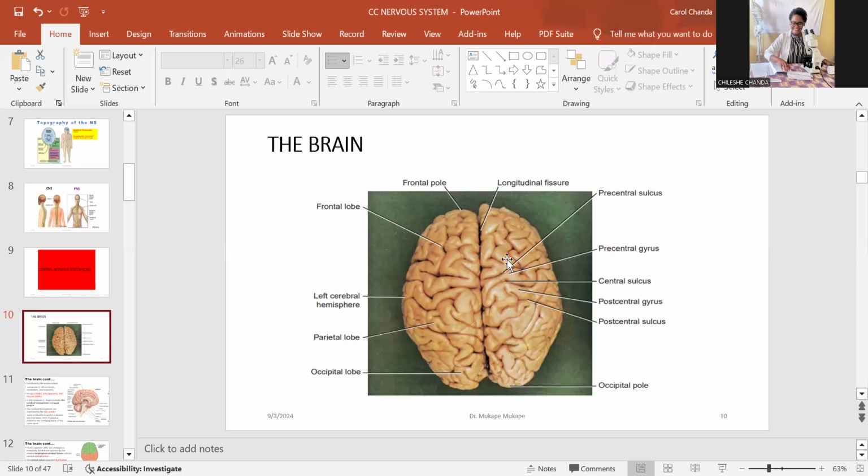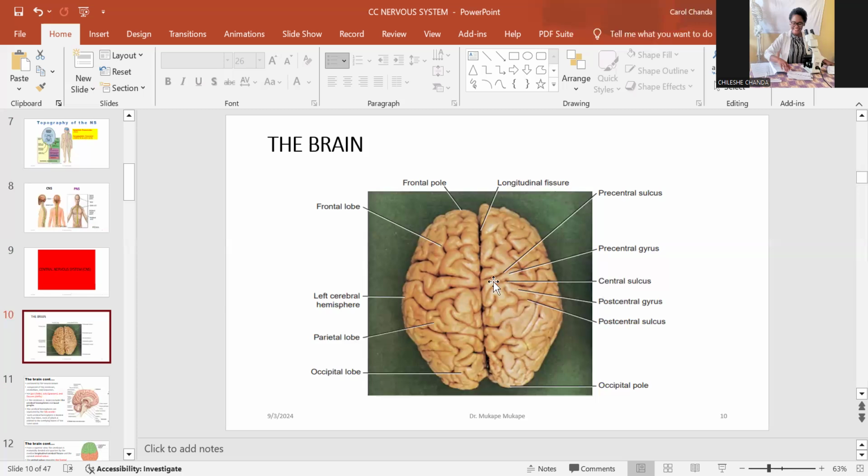The other thing that you will notice is that the cerebrum is going to be in a lot of folds. Now these folds are known as gyri. One is a gyrus, and a number of them are gyri.